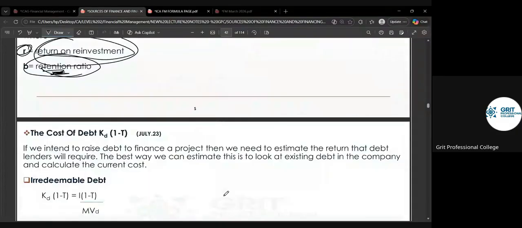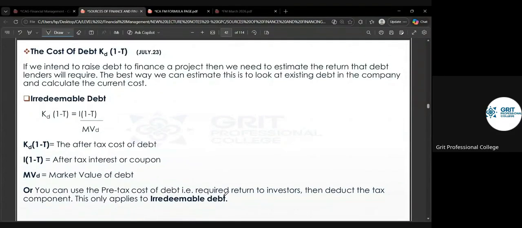So all of this is for equity. Now, cost of debt. When it comes to the cost of debt that the company will have to pay, since the company enjoys tax relief as a result of the finance cost they pay, it helps to reduce their cost of debt.